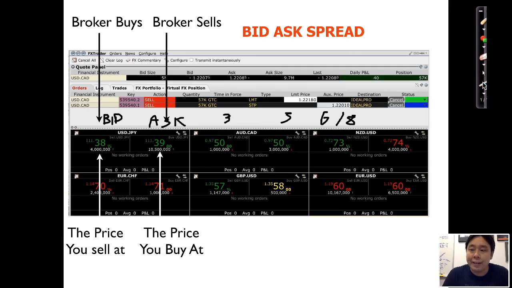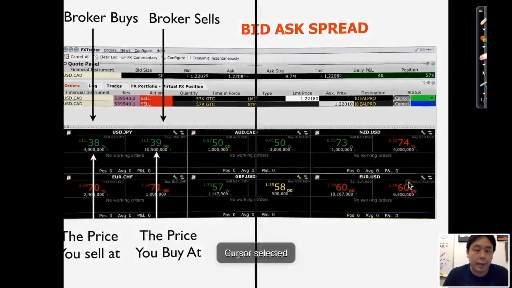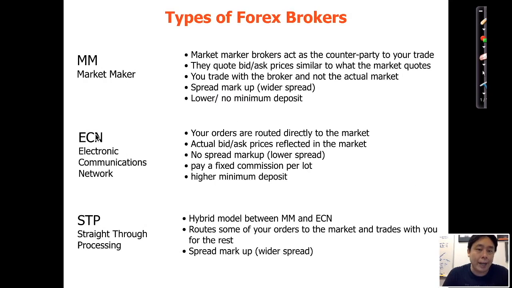So how do we find these brokers? First of all, you can understand that there are basically 3 kinds of brokers: market maker brokers, ECN brokers, and STP brokers. First, what are market maker brokers? Or we call them MM brokers. These are brokers that act as the counterparty to your trade. So when you buy, who's selling it to you?